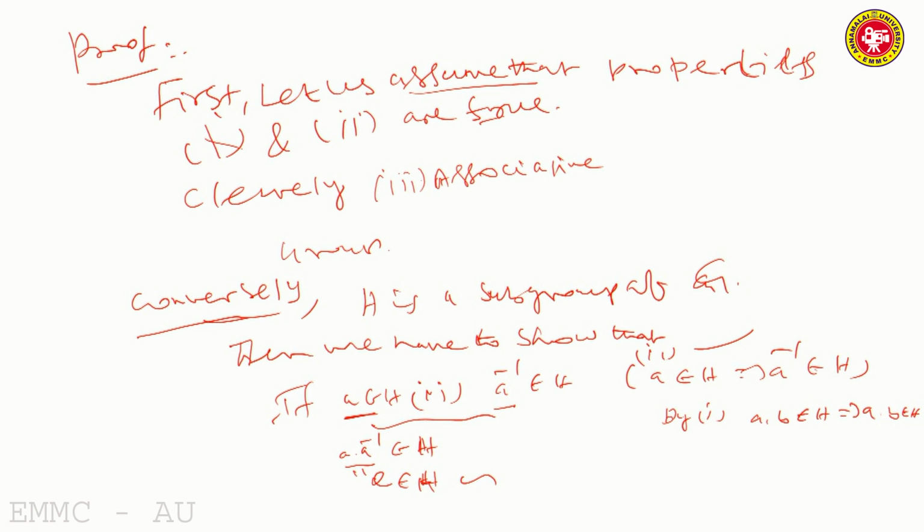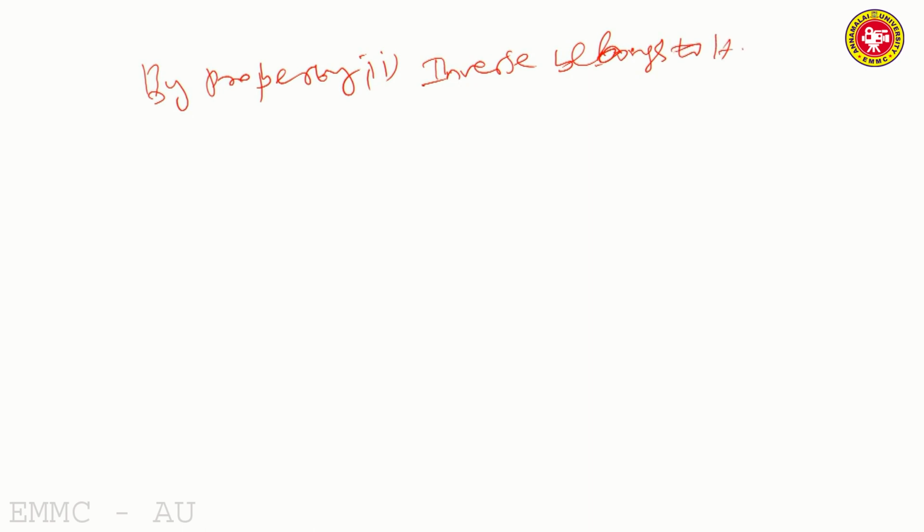Therefore by property 2, the inverse belongs to H. Thus, H is a subgroup of G. This proves the theorem.